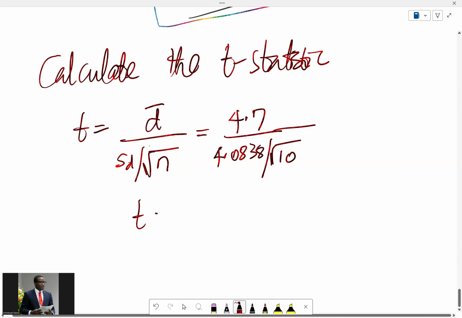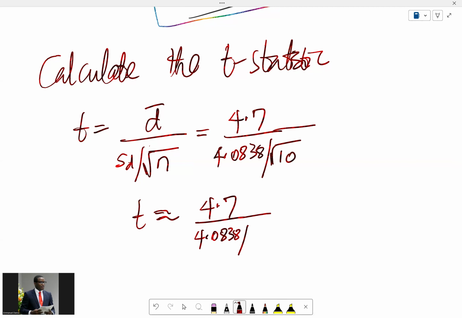So it means that t is equal to 4.7 divided by 4.0838. And so approximation begins now. So square root of 10 is 3 point something. Let's see what exactly that is. Square root of 10.